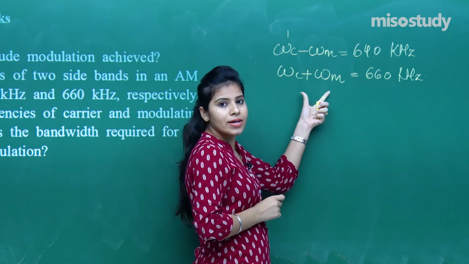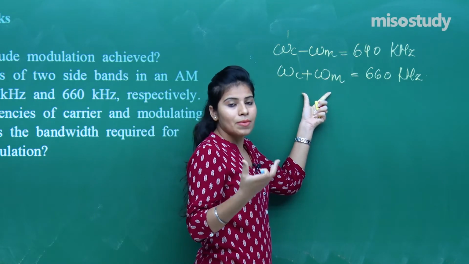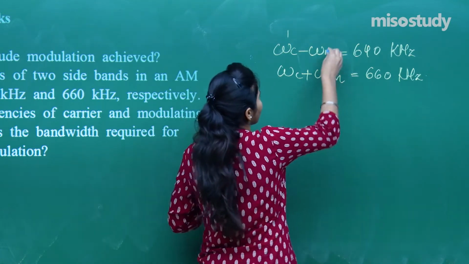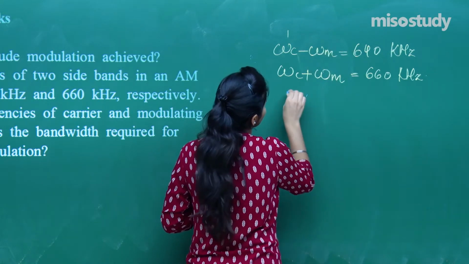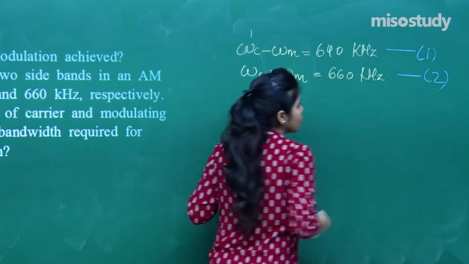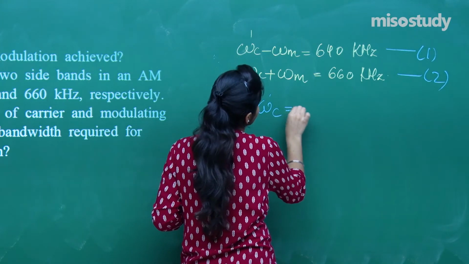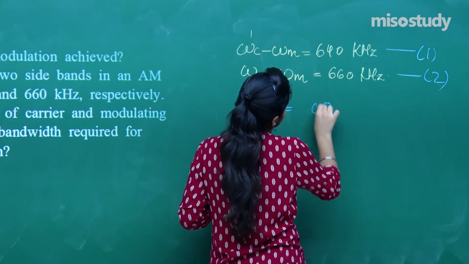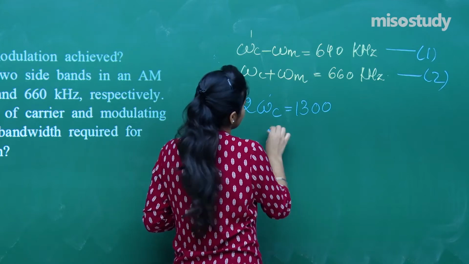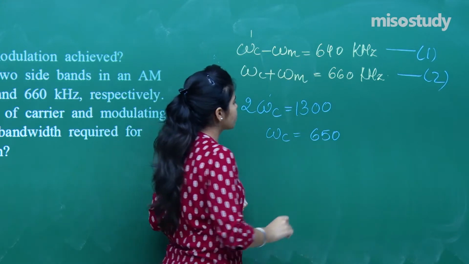So you can directly apply the elimination method, the mathematical relation, and find out the value. So omega m will be cancelled if you consider these as equation 1 and 2. Using the elimination method to solve these equations, you will have 2 omega c equals 1300. So omega c will be 650.